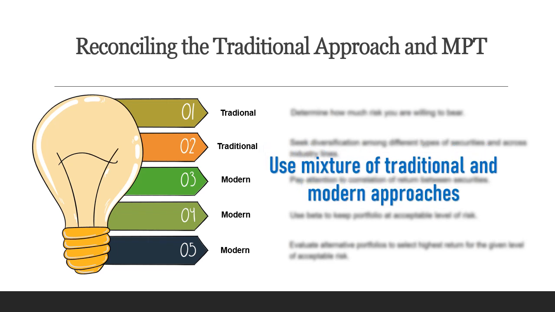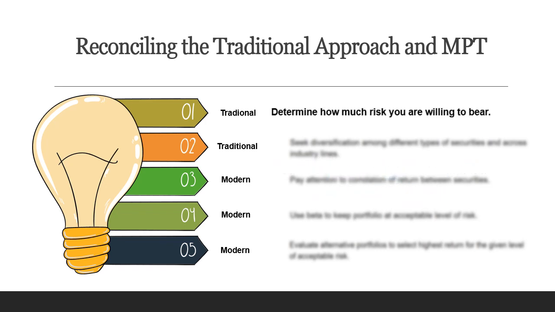However, it is recommended for investors to use a mixture of elements and aspects that are useful from both approaches. These are among the best practices for portfolio management policy when we reconcile both traditional and modern approaches. The first one is to determine how much risk you are willing to bear as an investor.